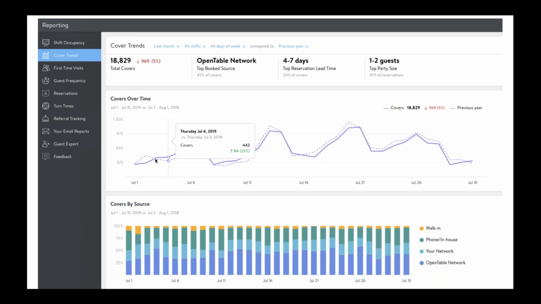Right now it's saying, hey, 84 covers, but if you hover over to July 5th of last year, you actually see the number is still up from July 4th of this year. So if you bump over to July 3rd, it'll show July 4th data, and that data is still right around 460, something like that. It's actually still higher than what we did.